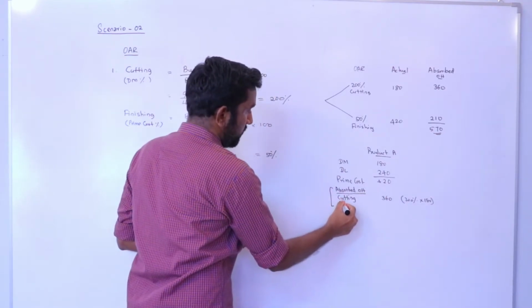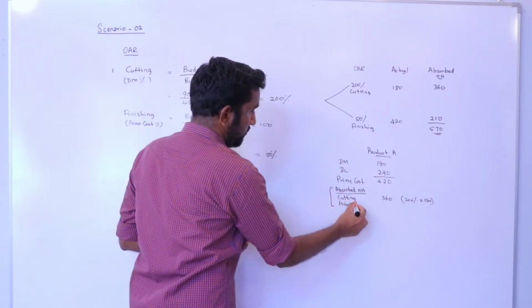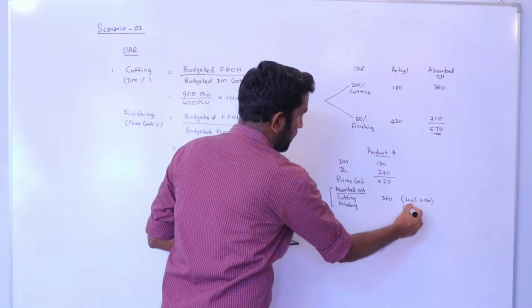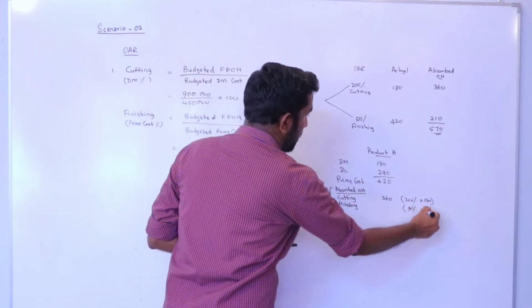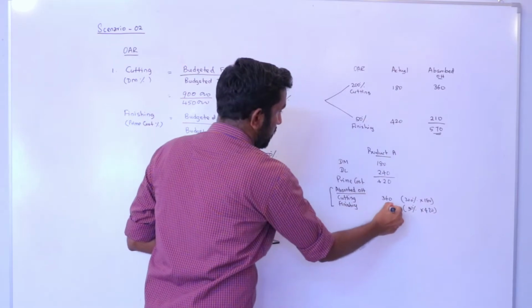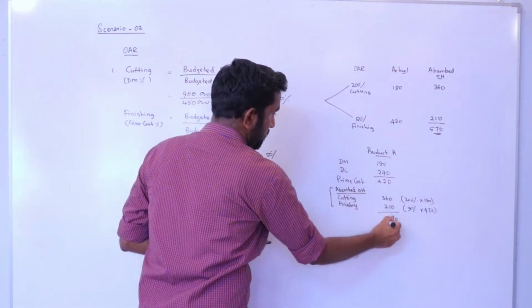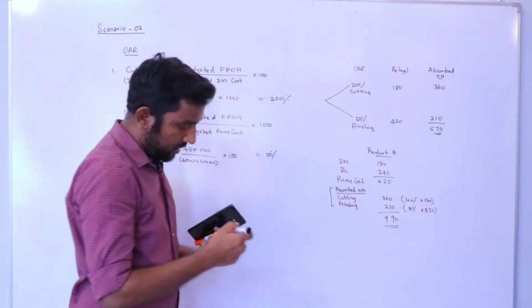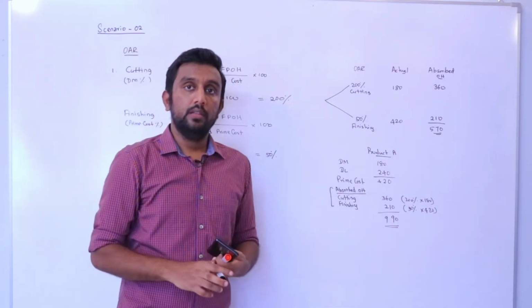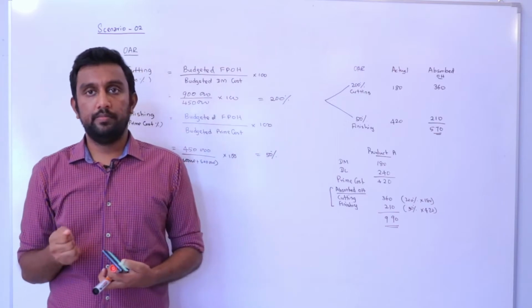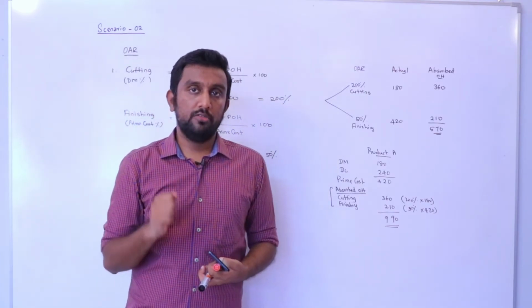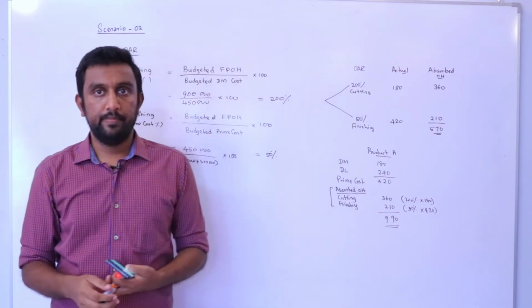Then finishing, 50% of 420, which is 210. So 990 is the production cost for 1 unit.